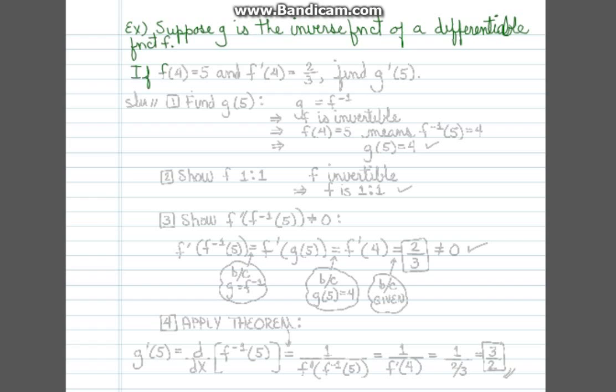If f of 4 is equal to 5, and f prime of 4 is equal to 2/3, find g prime of 5.